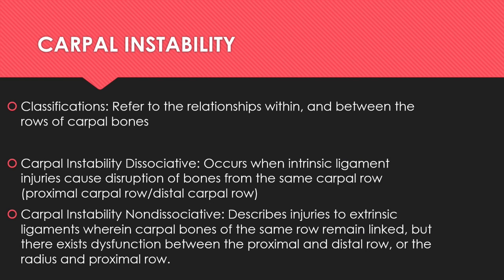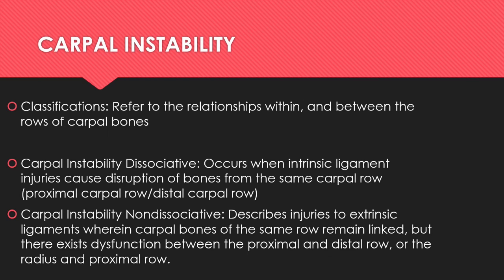So the two main classifications of carpal instability that are described in the literature involve the dissociative and the non-dissociative carpal instability. And what this refers to is relationships and disrelationships within and between the rows of carpal bones.